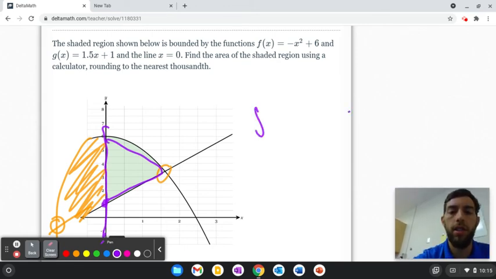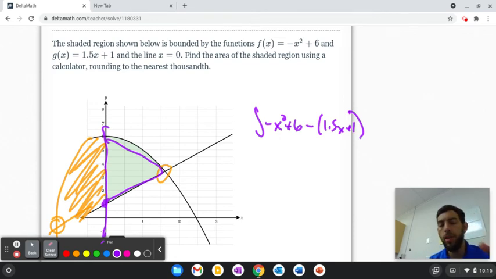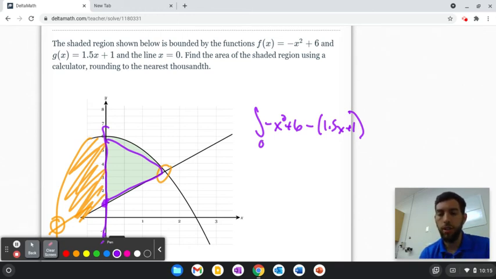Our top function, negative x squared plus 6, minus our bottom function of 1.5x plus 1. And instead of integrating from the two places where they intersect, I want you to start at x equals 0, because remember, those limits are x values, and then go up to the other intersection point. So I'll just go ahead and type in my function, negative x squared plus 6 minus parentheses 1.5x plus 1.